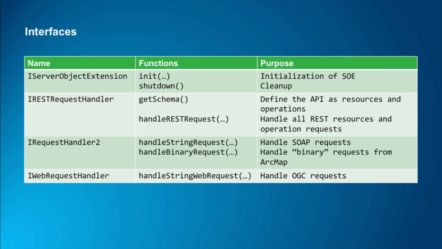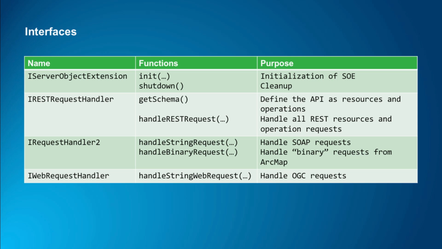The caveat with the init method is that it must be quick, because it's invoked when your application or your ArcSOC is first started. So we don't want you to do a lot of initialization. Don't try to connect to databases or do a bunch of analytics right up front, because that will time out your startup process.